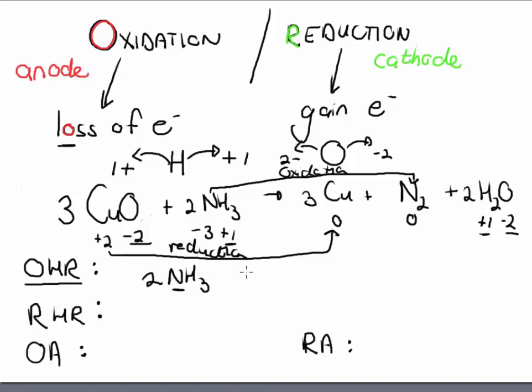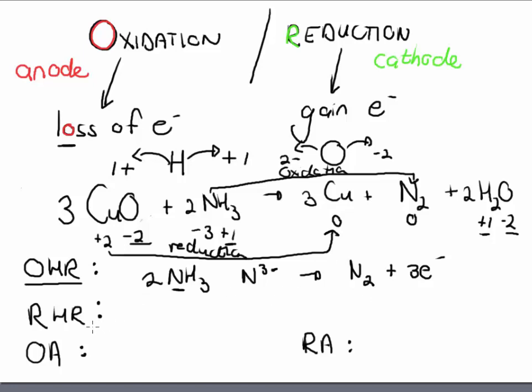And if you look at it, it used to be N3+. I'm lying, it's not N3+, N3-. Yes? And it became N2. So no charge over here. So what has happened here? It has released 3 electrons. That is my oxidation half reaction.